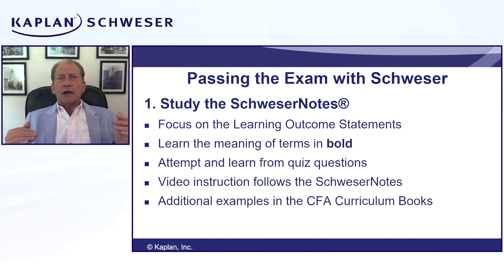And they go learning outcome statement by learning outcome statement. So focus on those, just as when you were in college taking Psychology 101, learn the meaning of the terms in bold. Now, that may not get you as far on the CFA exam as it did in Psychology 101, as I remember you could get an A learning the words in bold in 101. But anyway, that's a start here.